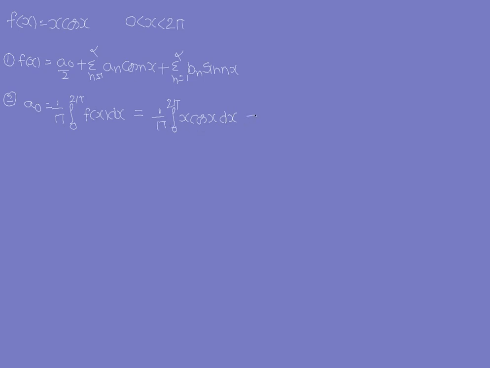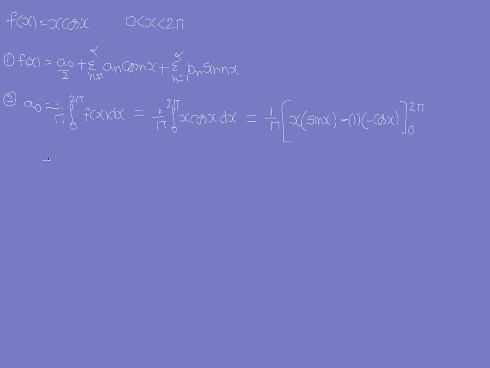Integration of x cos x: 1 by pi into x into the integration of cos x, which is sin x, minus the differentiation of x, which is 1, into the integration of sin x, which is minus cos x, between the limits 0 to 2 pi.